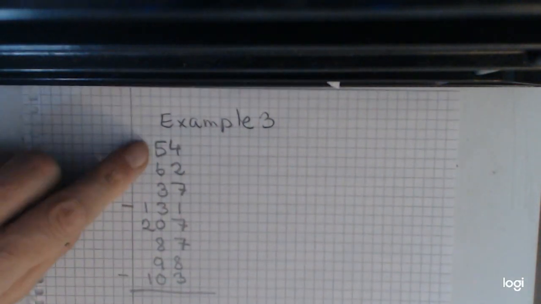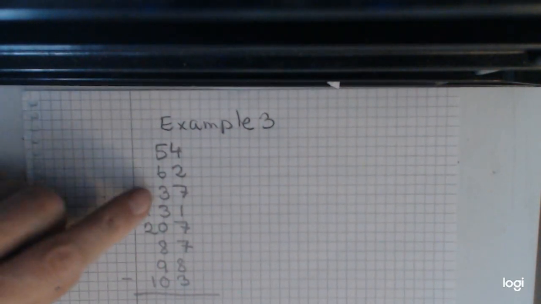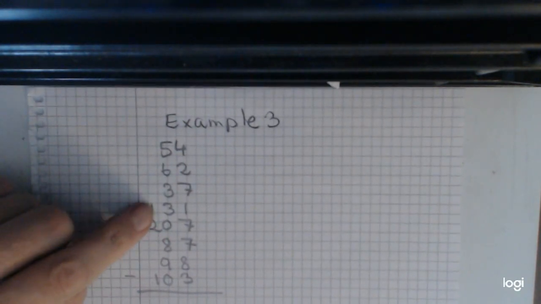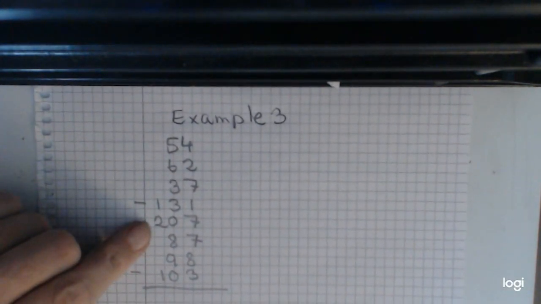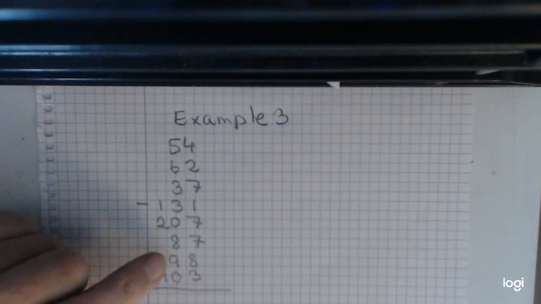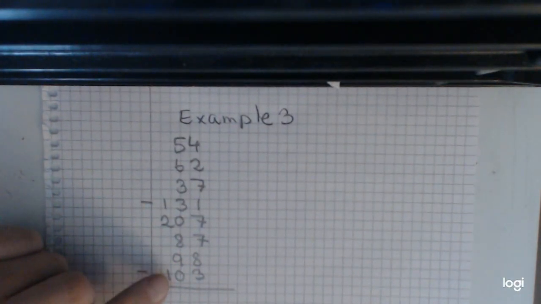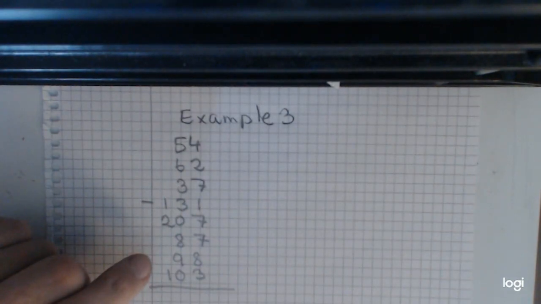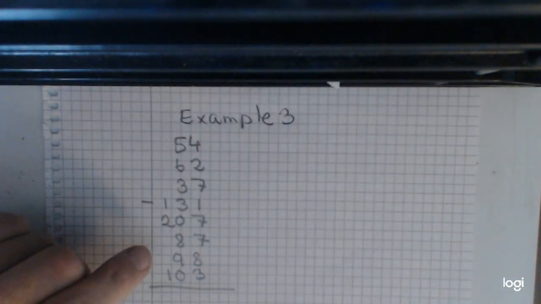You have 54 plus 62 plus 37 minus 131, 207, 87, 98, and minus 103. What would be the result?